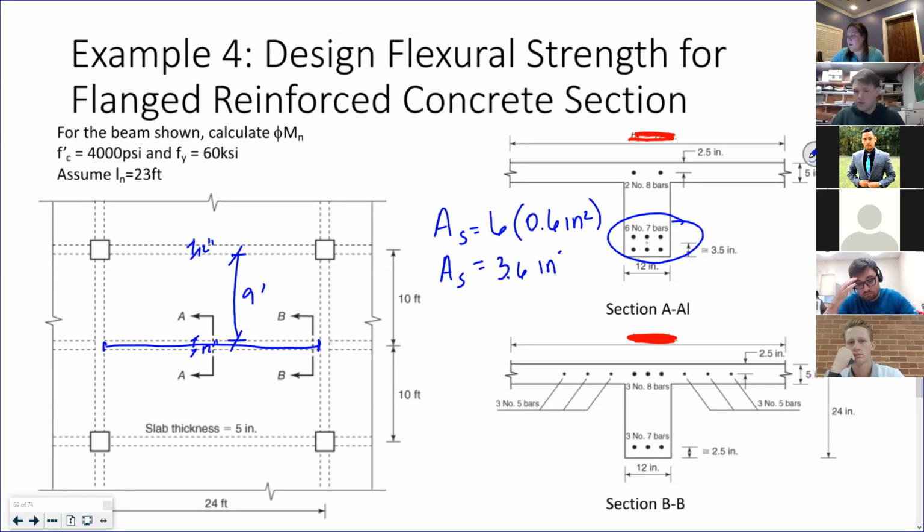Just want to make sure I'm following. If we have to do case 2 and go into the stem, we would add the other 2 bars that are up in the slab for As, correct? No. Right now we're assuming the compression is only in the slab.